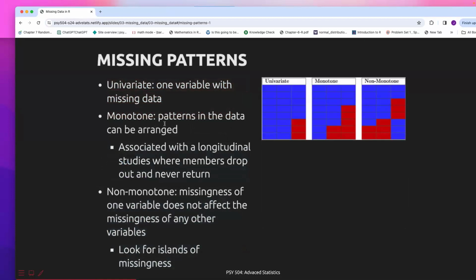There's monotone missingness, where the patterns in the data can be arranged. This is common in longitudinal studies, where if an individual drops out, the amount of missing data increases. So we can see this kind of monotone increasing pattern. And then there's also non-monotone missing patterns, where the missingness of one variable doesn't affect the missingness of any other variable. So we might see islands of missingness in our data set. This is kind of random missingness, where there's not exactly a pattern. And there are several other different patterns that we could observe.